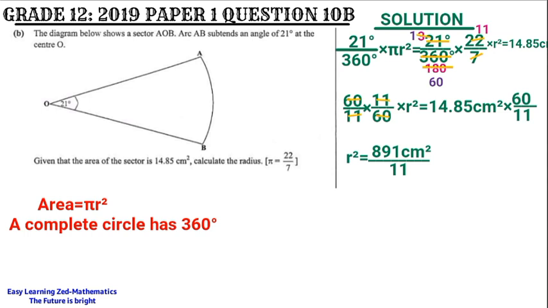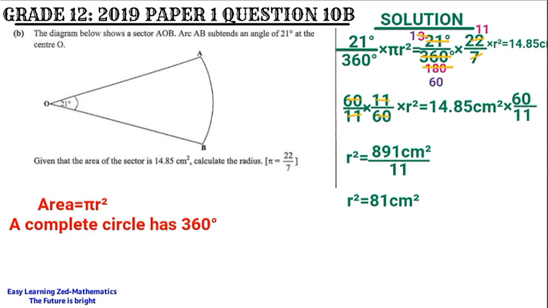So r squared is equal to 891 centimeters squared divided by 11, and it's going to give me 81 centimeters squared.